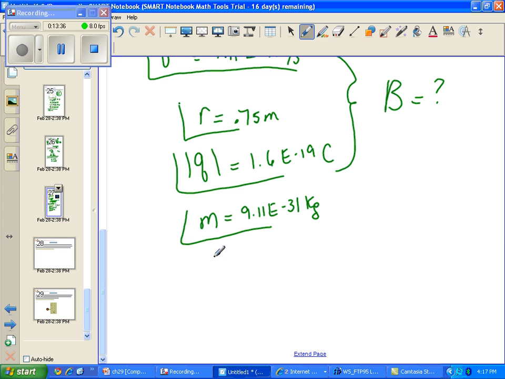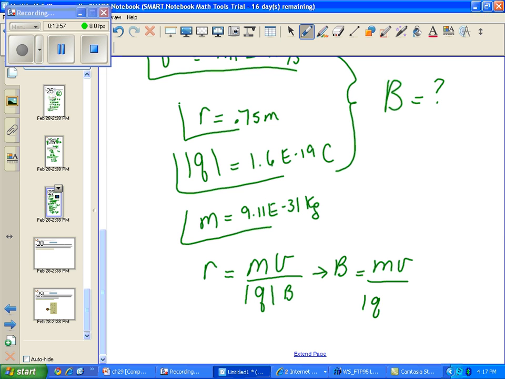Well, we go back and remind ourselves that the orbital radius of the charge, here the electron, is its mass times its speed divided by the magnitude of its charge times B. So solving for B, we get mv over magnitude Q times R.